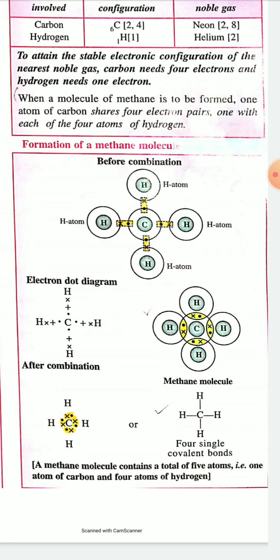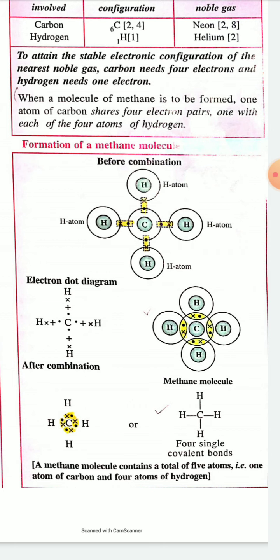In methane, the number of electrons around the hydrogen atom is 1, you know that, and the electrons of hydrogen are shown by giving a cross, and the electrons of carbon are shown by giving a dot.